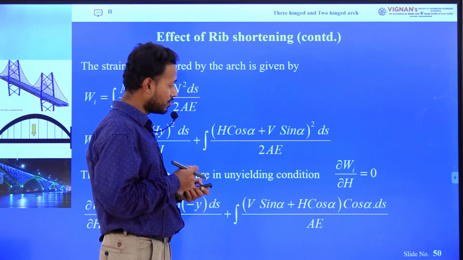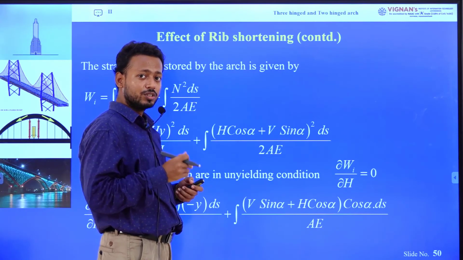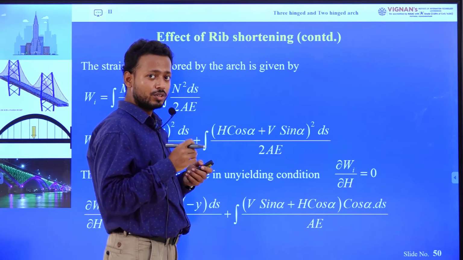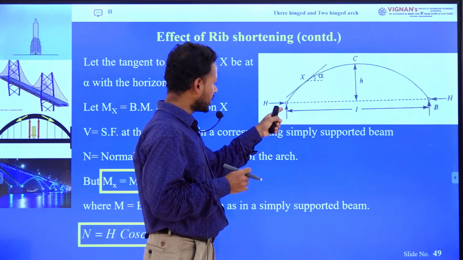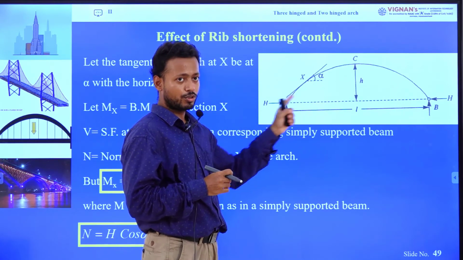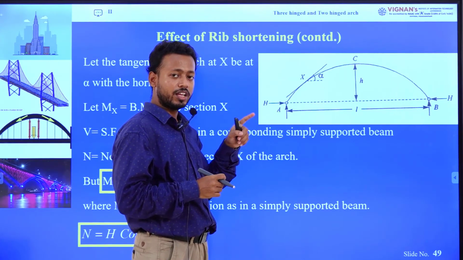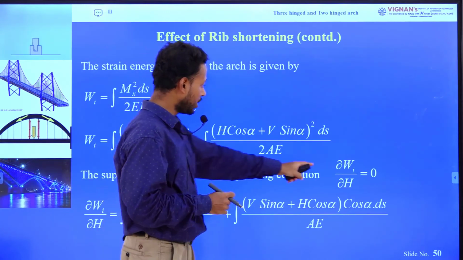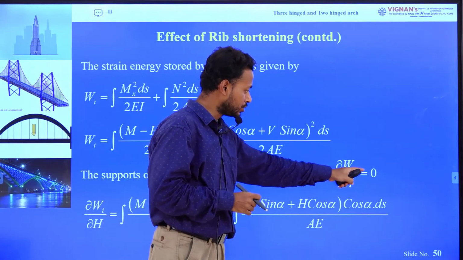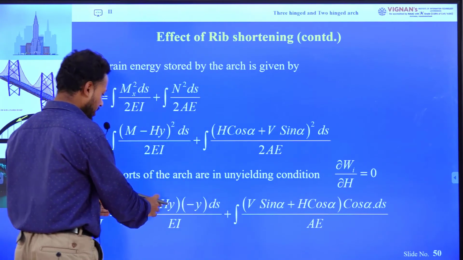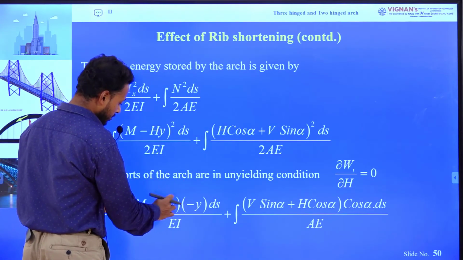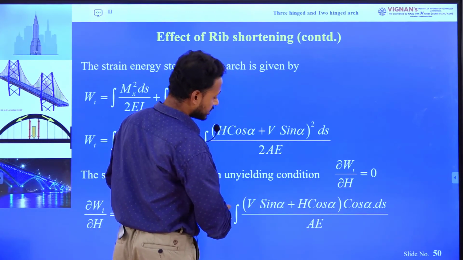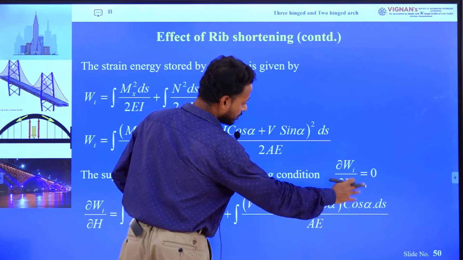And as we also know the deflection equals del W del H, as the deflection is 0 at the support, we can write del W del H equals 0. This is the 1st term, this is the 2nd term, this is the 3rd, this is the 4th term. The total sum of all 4 terms will be 0.